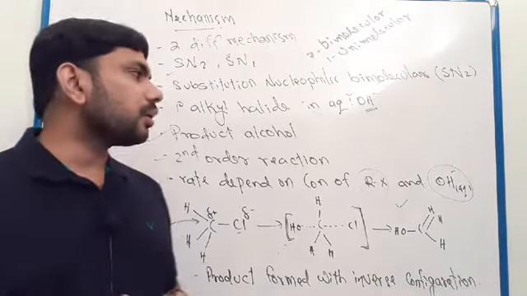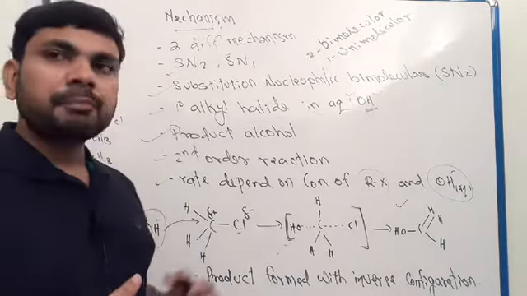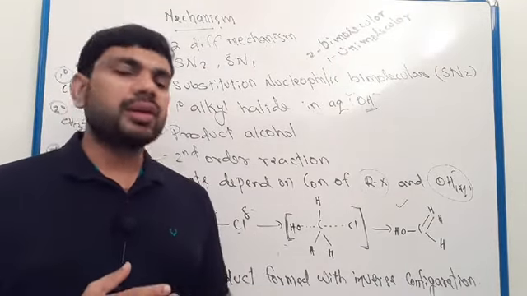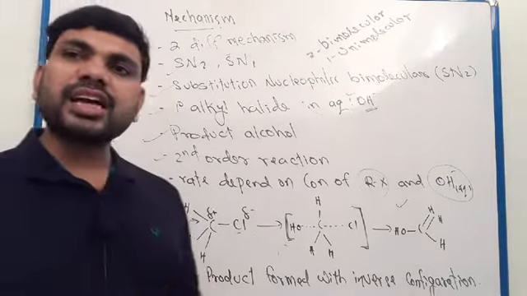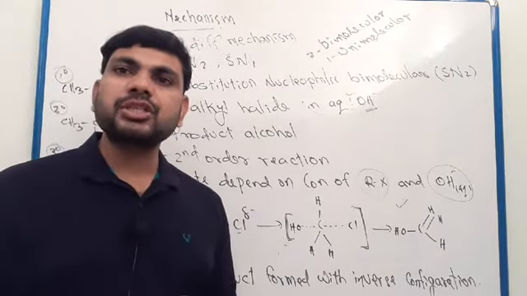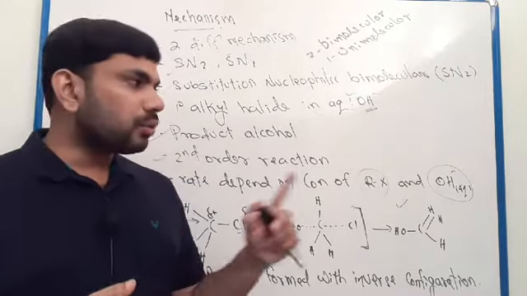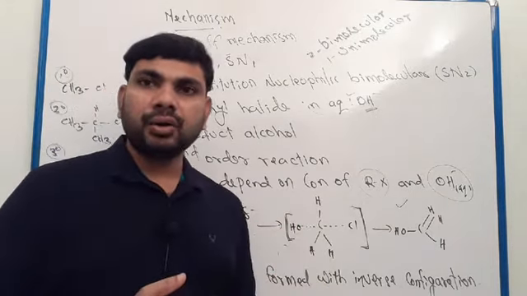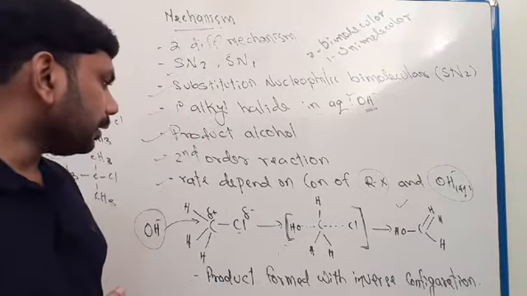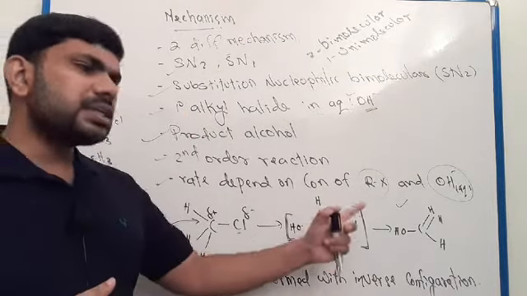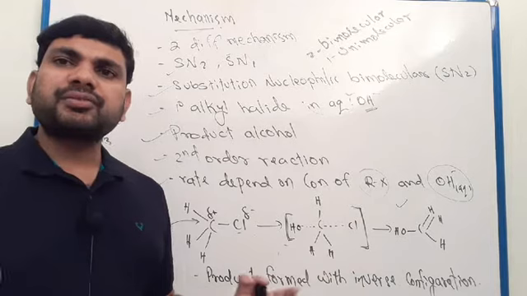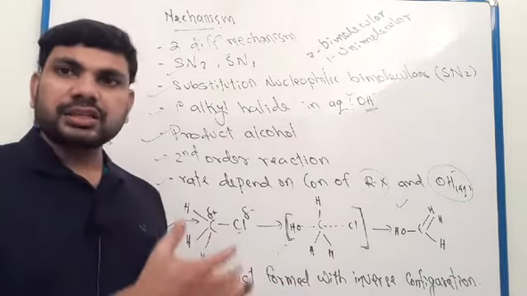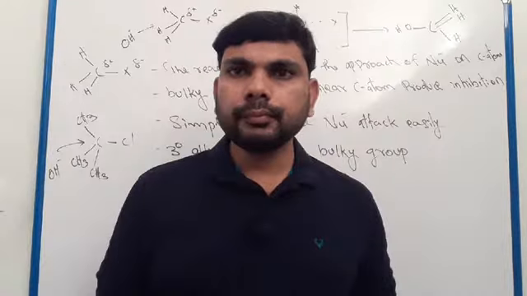This is a second order reaction. Why is it a second order reaction? Because the rate of reaction depends on the concentration of nucleophile and also the concentration of alkyl halide. This is the reason. The product is alcohol, formed with inverse configuration. Clear? These are the things you have to remember.